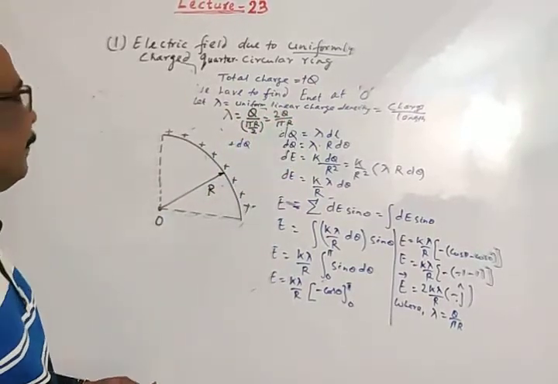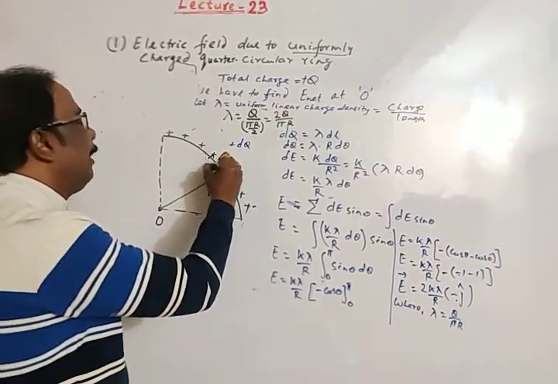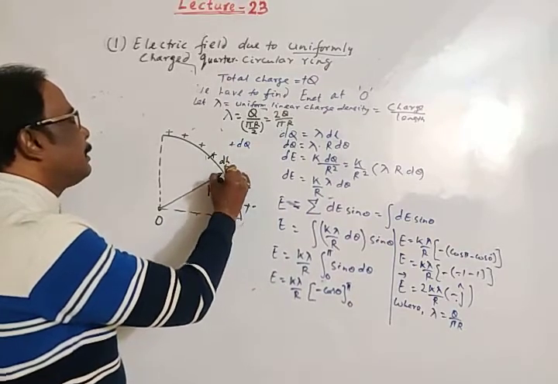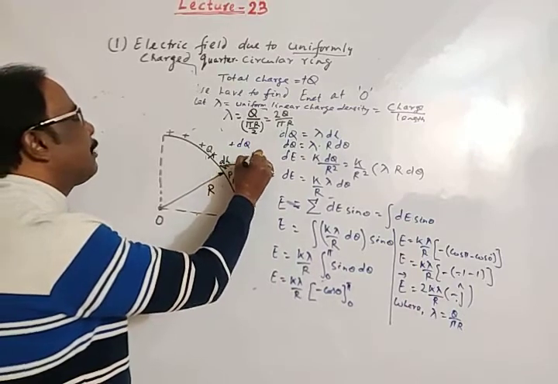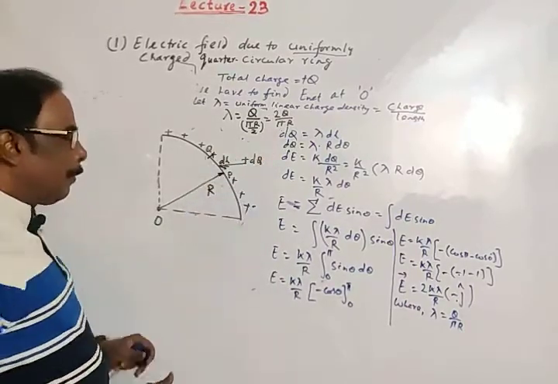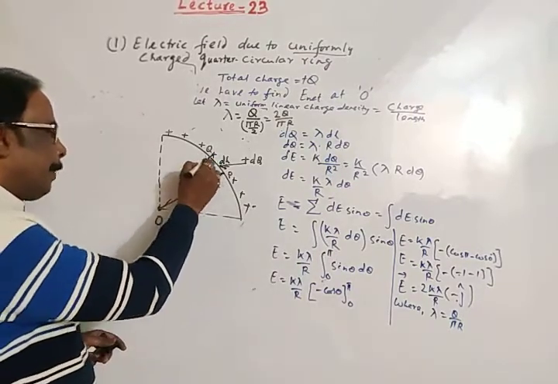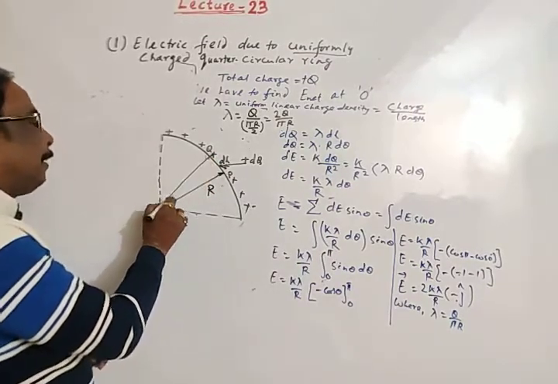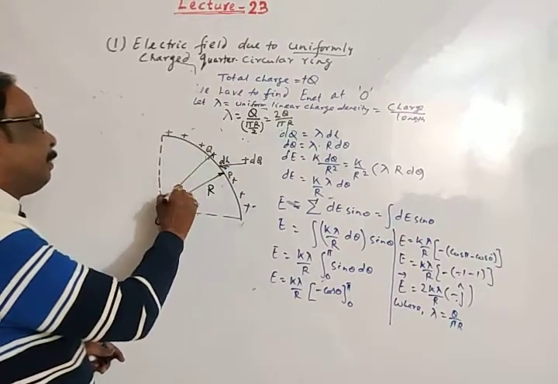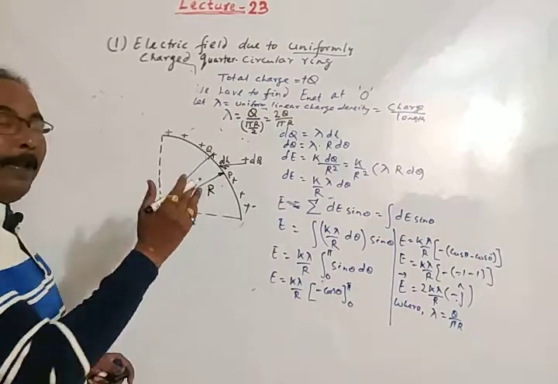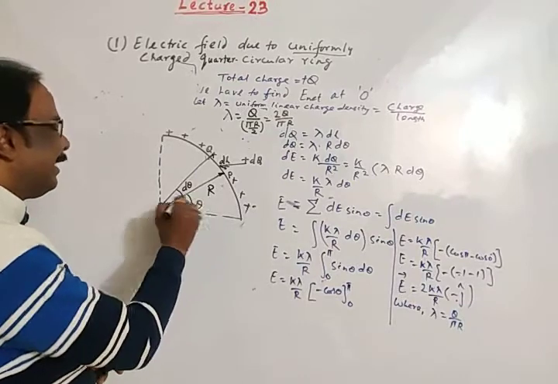Okay, then again let's consider an elemental length dl. Let's take this as p, this as q, and this elemental length dl carries a charge plus dq. Then join q to o. Since dl is very small, means the length of pq is very small, let this angle be, similarly to the previous case, d theta, and this angle is theta.